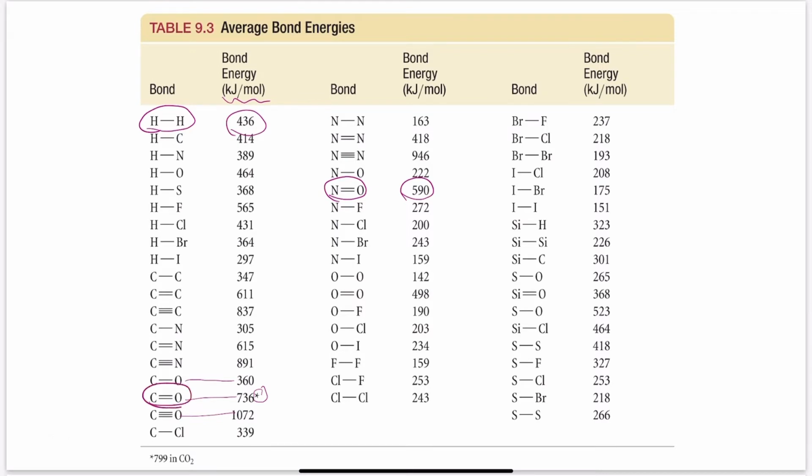A carbon-oxygen double bond, and a carbon-oxygen double bond in CO2. So just a general carbon-oxygen double bond has a bond energy of 736. But in CO2 specifically, remember CO2 looks like this, it's actually 799. So that would be 799 here and 799 here. It's a very strong little molecule.